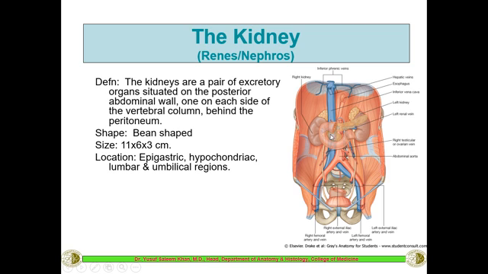So they are partly in the right hypochondrium, or the left kidney in the left hypochondrium, and partly they will be in the right lumbar region. The right kidney will be in the right lumbar, the left kidney in the left lumbar. Then they will also partly be present in the epigastrium as well as the umbilical region.